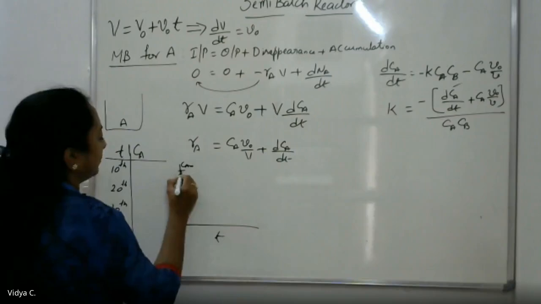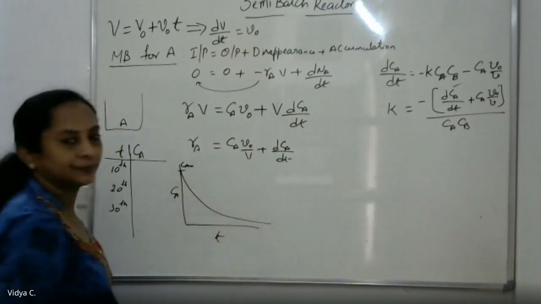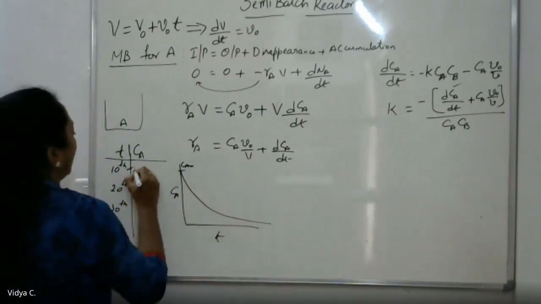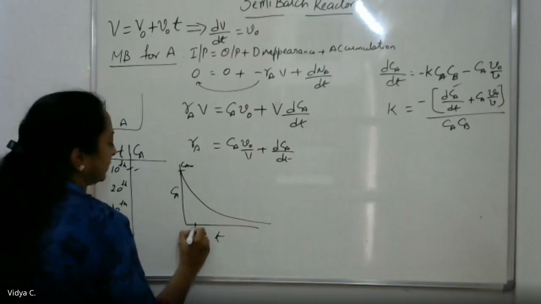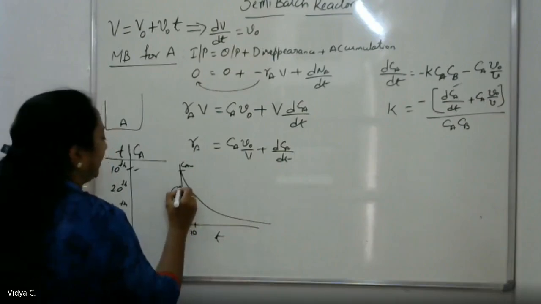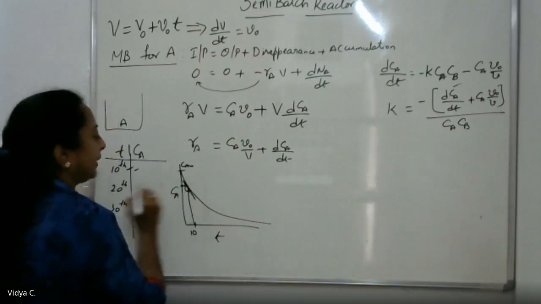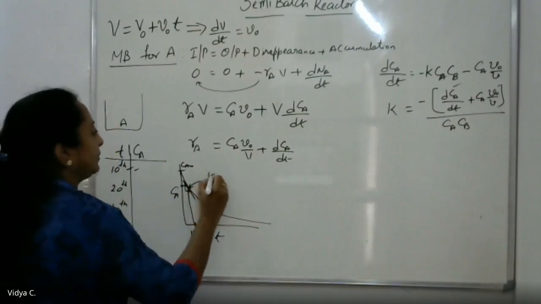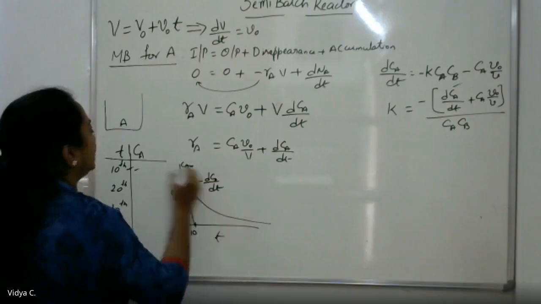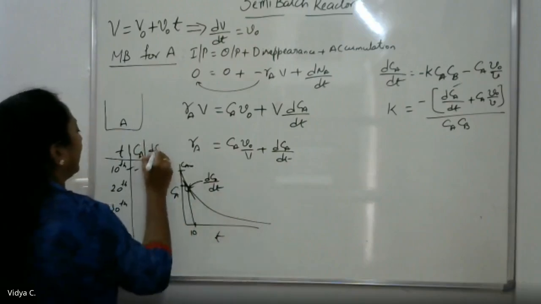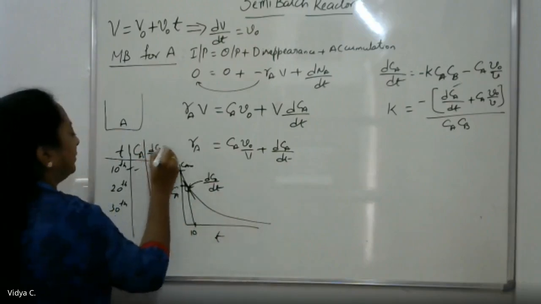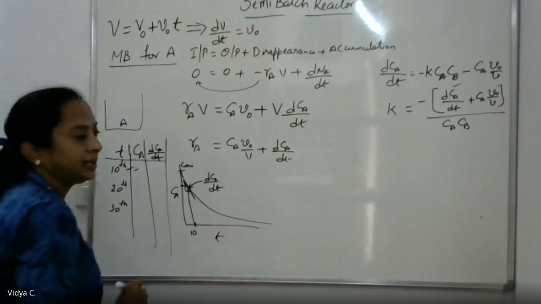It is decreasing. So obviously the nature will be something like this. Okay. So now what you do? You note this. Suppose t is equal to 10th minute, and at the 10th minute is some CA you would have found. So go there, drop a tangent and find the slope, and this slope gives you dCA by dt. So like this you can find dCA by dt for all the readings of t and CA.